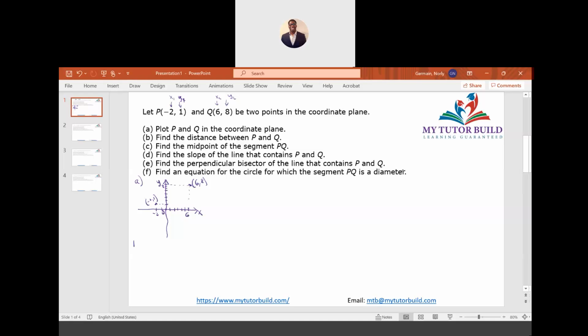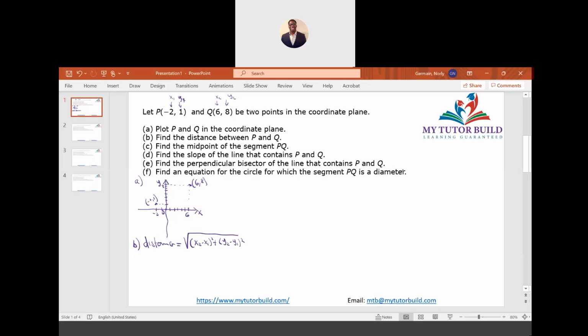The second question they ask us to answer is to find the distance between these 2 points, P and Q. If you graph it, what is the distance between these 2 points? That's exactly what we're looking for. To find that distance, there is a formula we can use. Distance is equal to the square root of (x2 minus x1) squared plus (y2 minus y1) squared.